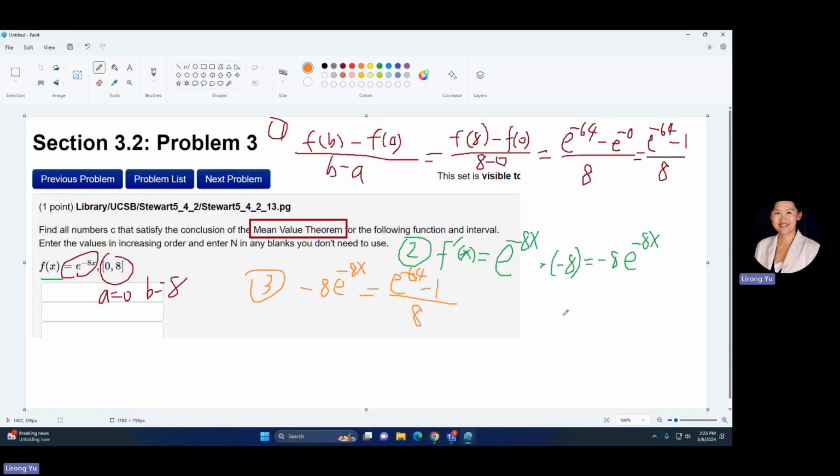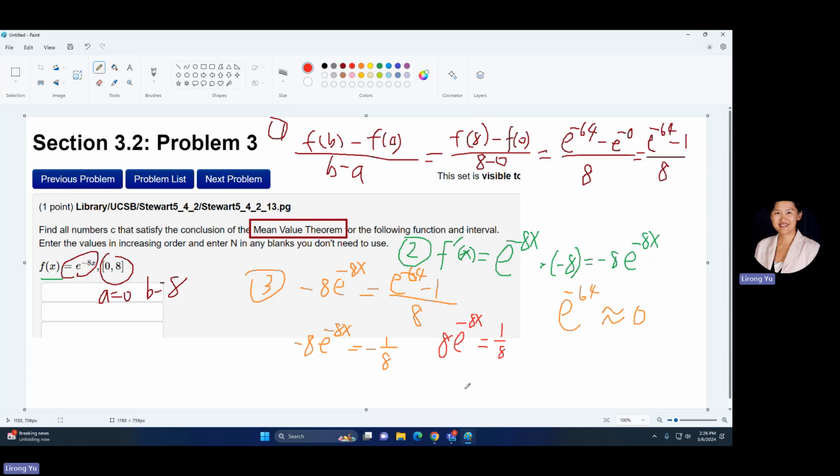Since e to the negative 64 is so small that it's pretty much 0, the equation ends up being negative 8 e to the negative 8x equal to negative 1/8, because the denominator is pretty much negative 1. Then we divide both sides by negative 8, and cancel the negatives, so you have e to the negative 8x equals 1/8.